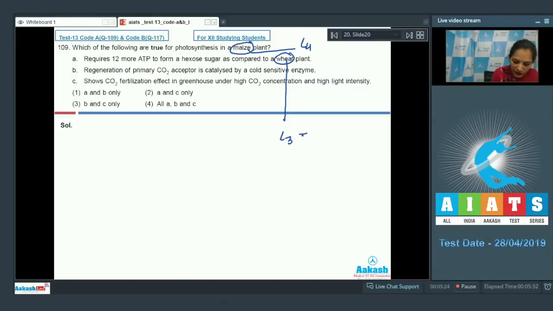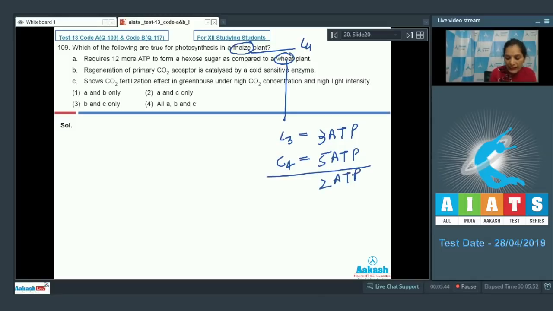In a C3 plant, to fix a CO2 molecule, we require 3 ATP molecules, whereas in a C4 plant, we require 5 ATP molecules. It means to fix a CO2 molecule, we require 2 ATP molecules extra than a C3 plant.